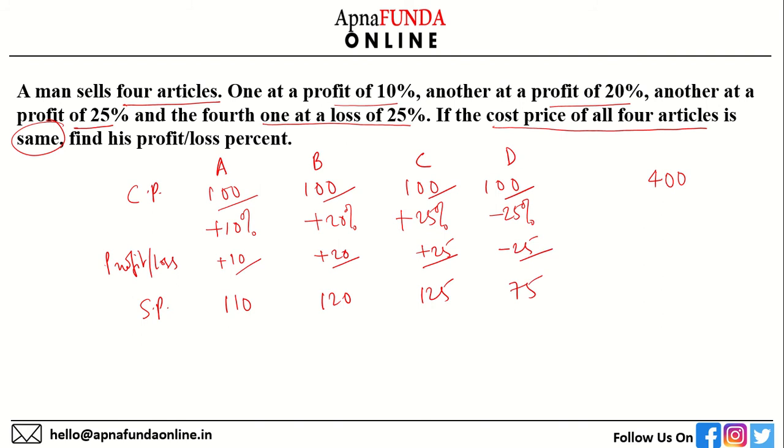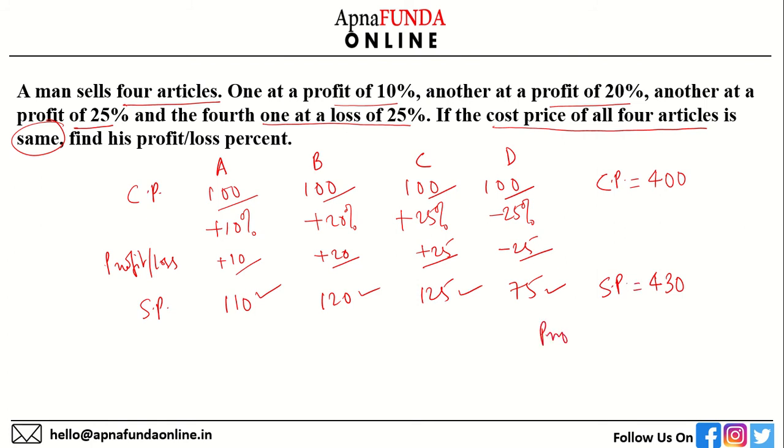Now we need to add the selling price of all these 4 articles to find out the final selling price. So when we add this, the total is 430. So we now know that my total cost price is 400 and total selling price is 430.